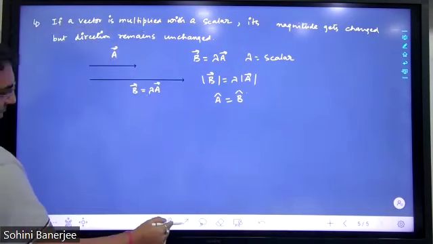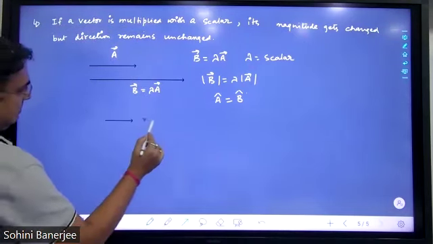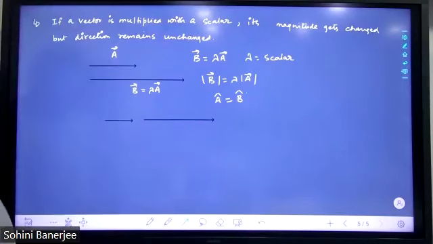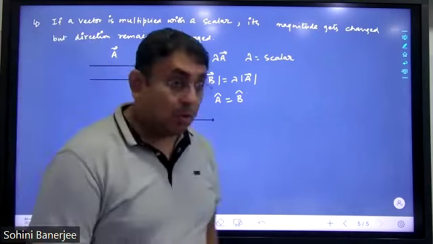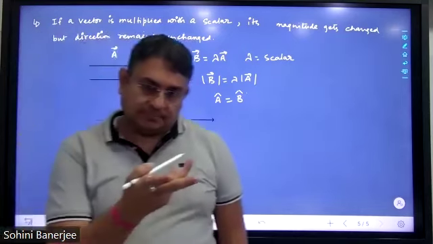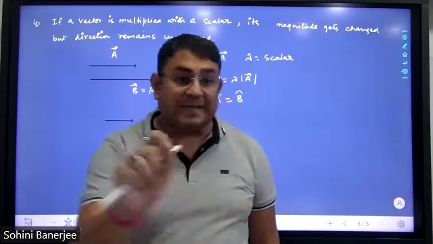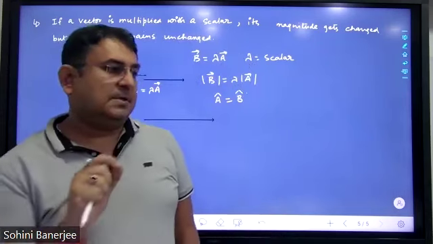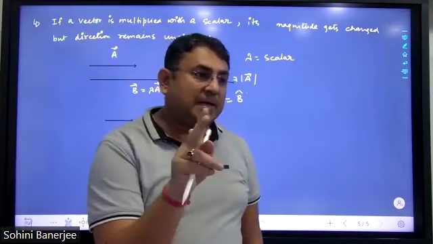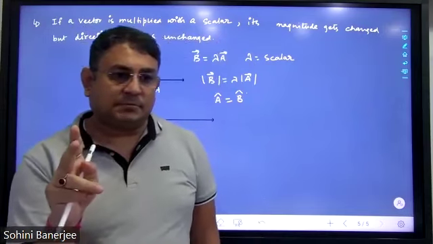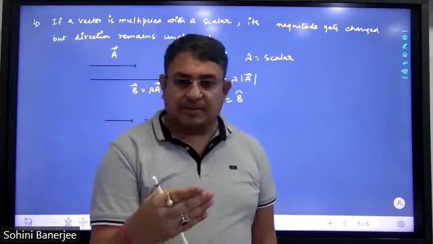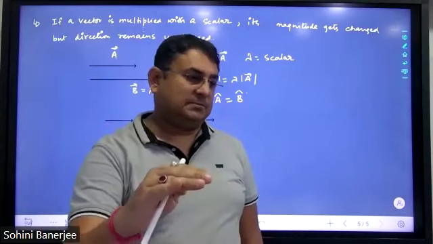See, if I draw them like this, there is no change. What I'm trying to say is that when a vector is multiplied by a scalar, the vectors remain parallel to each other, or you can even say they are collinear.